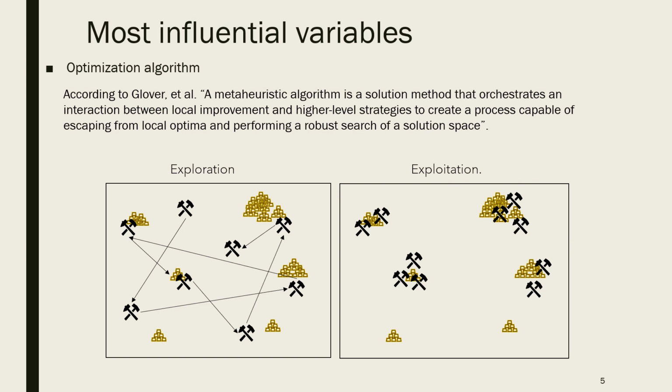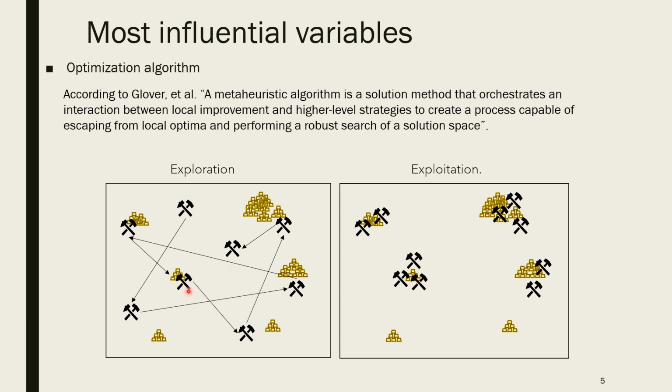The optimization algorithm finds the best operating procedure sequence. For this case, we will use metaheuristic algorithms, which have 2 important features, exploration and exploitation.